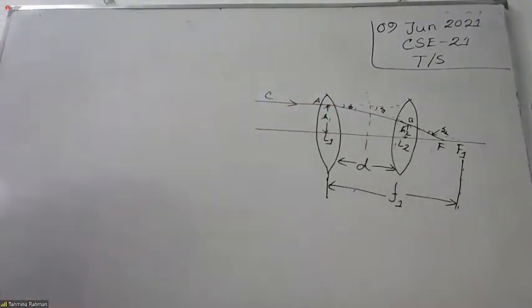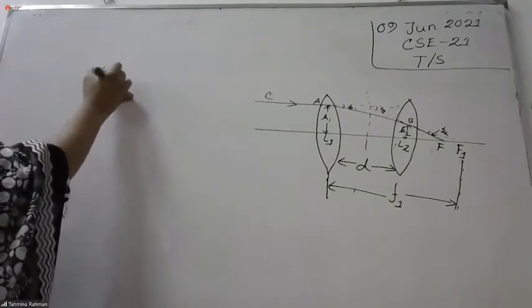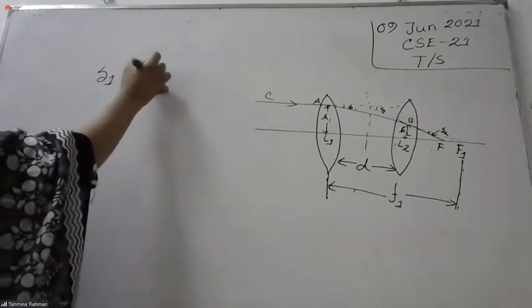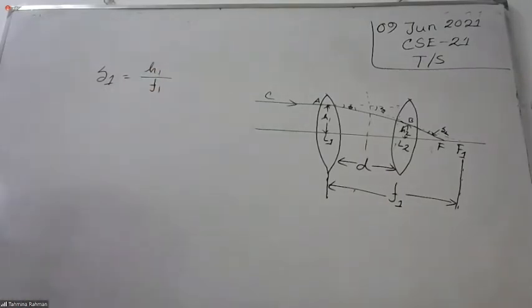Now, next, deviation del 1 from the first lens, we can write del 1 equal to H1 by F1. Why is it H1 by F1? Okay, look at here.